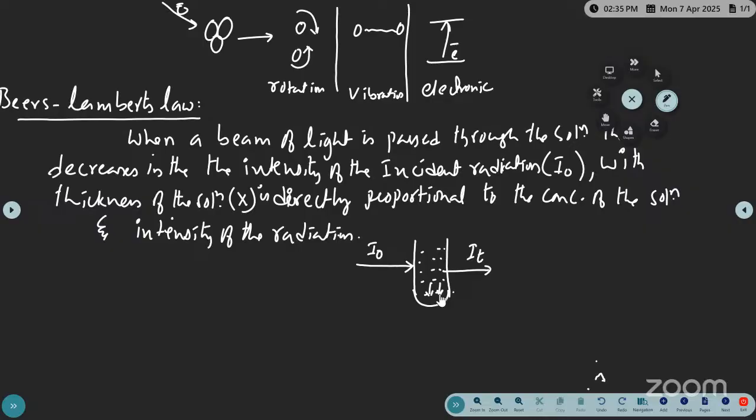So, right, when a beam of light is passed through the solution, with the thickness of the solution, the intensity of the radiation decreases.